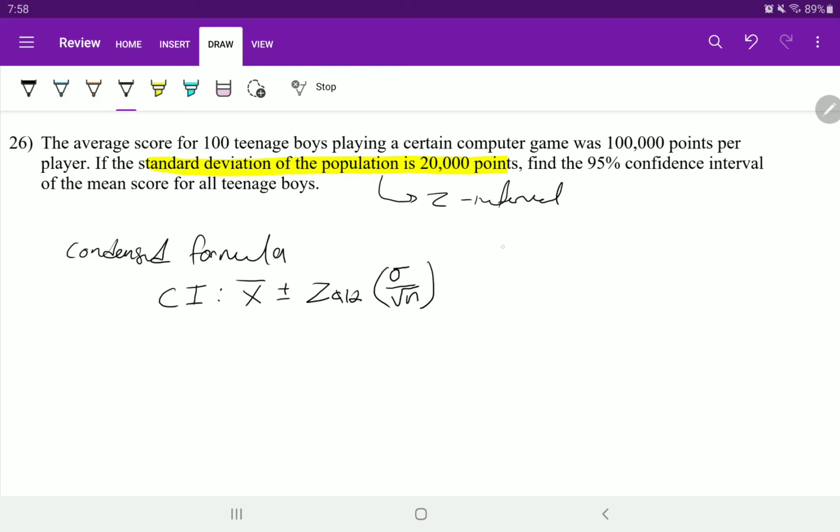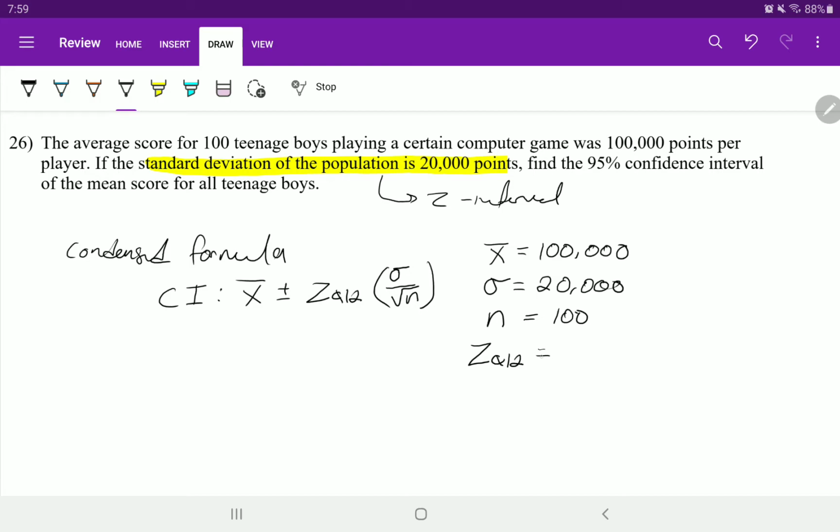Our sample mean in this case is going to be 100,000 points. Our population standard deviation is 20,000 points. The sample size is 100 teenage boys. And we need to find our Z critical value. We want 95% confidence, right? Therefore, our confidence level is 95%.